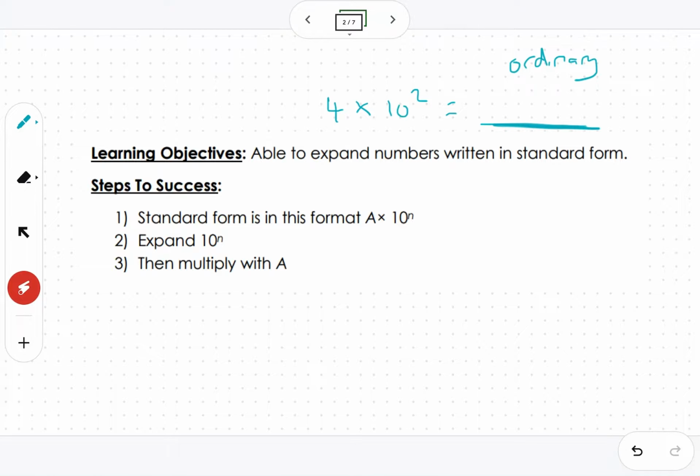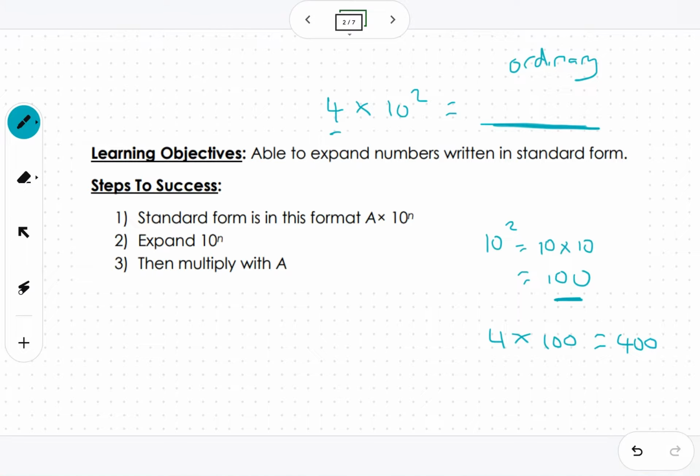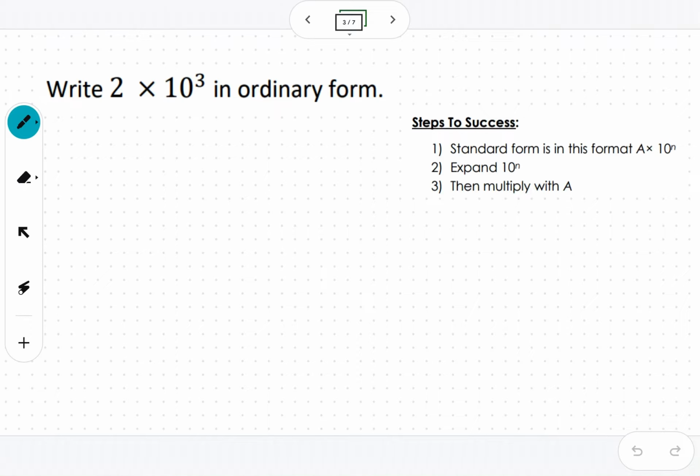For example, you have 10 power 2, so expand it first. 10 power 2 is 10 times 10, or 100. Then multiply by a, which is 4, so you'll get 400.